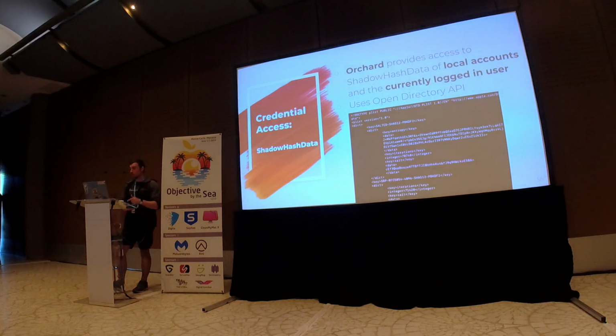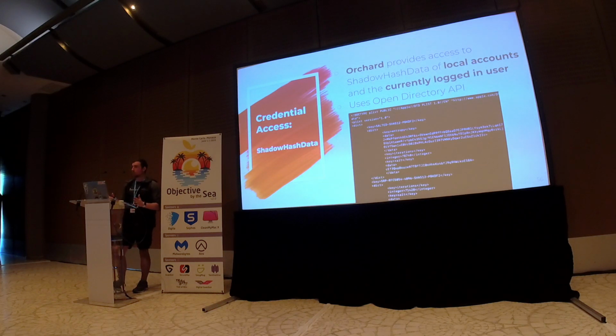One nice thing about Orchard, though, the domain reconnaissance tool that I wrote, is that if you have a domain user logged into your system, or you have a local user logged in, and you execute as root and just query for information about this user, you can get this shadow hash data, which means if the domain user is logged in, now you have to hash that domain user's password because that data is cached locally.